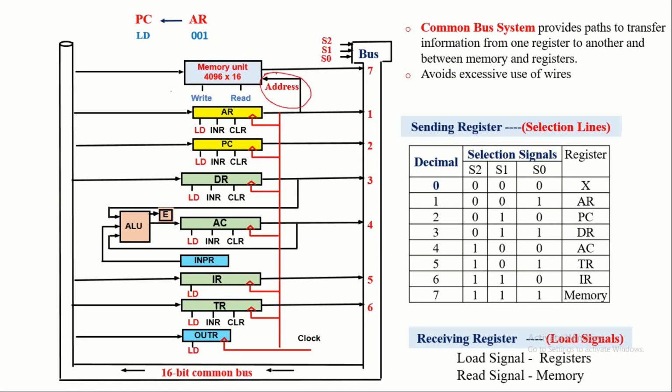To keep track of the memory location where the read or write operation is performed, it is maintained by the address register. That's why the address register needs a permanent connection with the memory unit, to keep track of the location where a memory read or write operation takes place. These are the important points about the common bus system.